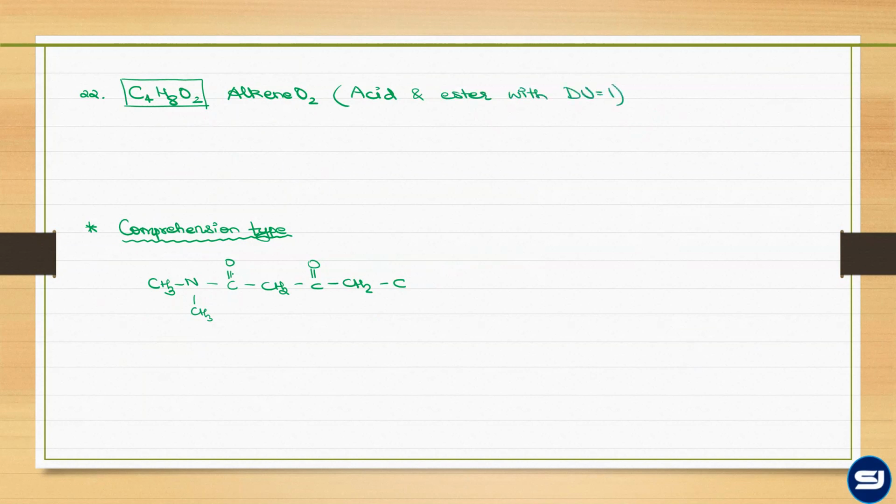So options are butanoic acid, yes, 4-carbon carboxylic acid, methyl propanoate, which we just saw, and 2-butene 1,4-diol. Will this be fitting in this formula? 2-butene 1,4-diol.